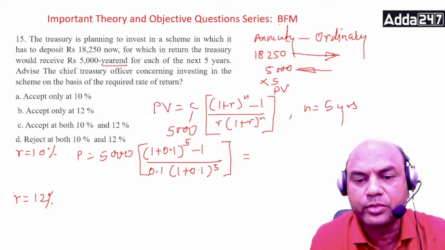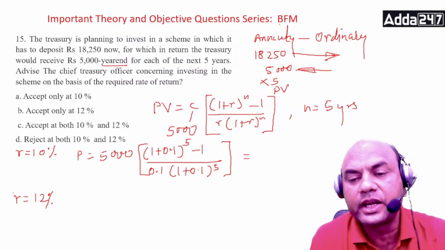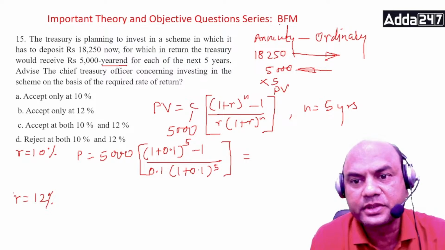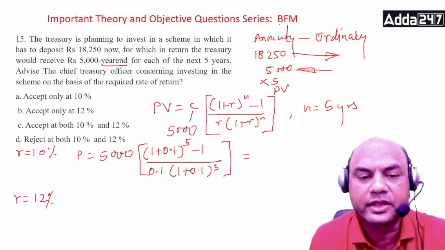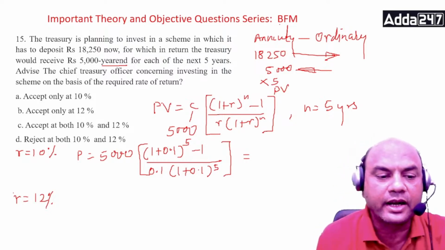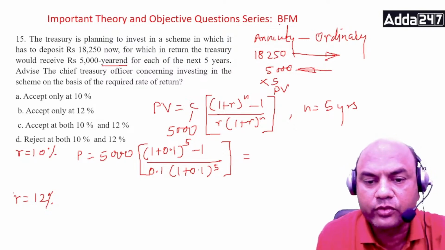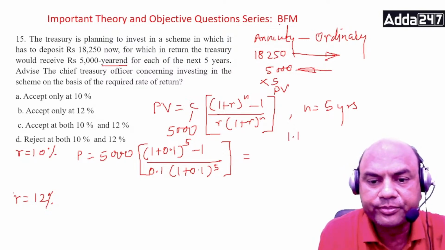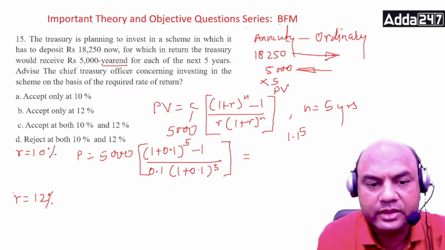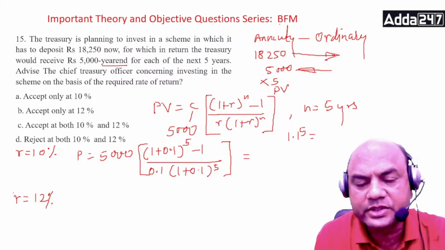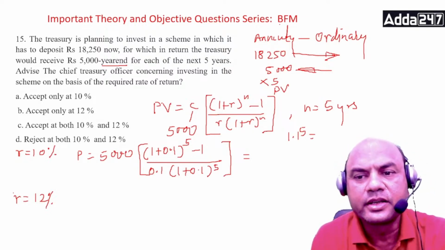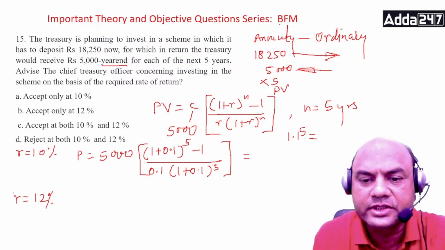Keep it simple. 1.1 raised to 5. Use it, into equal to, 5 times. You'll get this as 1.61. So I'll write this separately. Look at this. 1.1 raised to 5, right? This one equals 1.61 something, isn't it? Let's take it only 1.61.